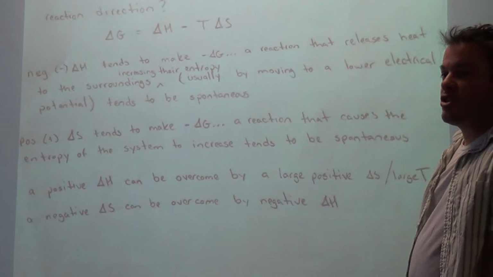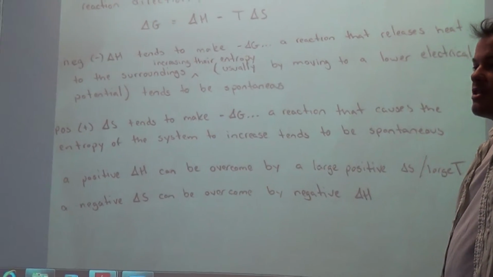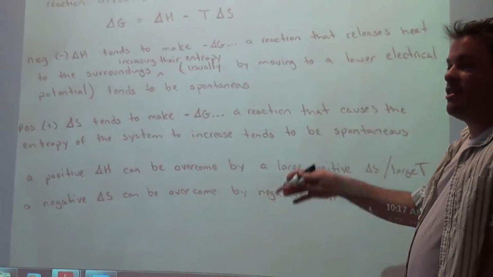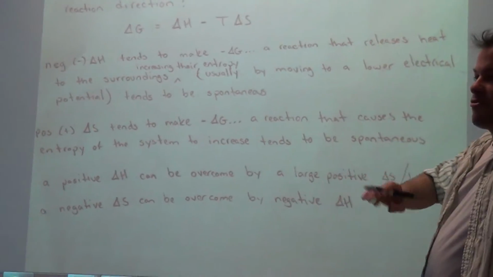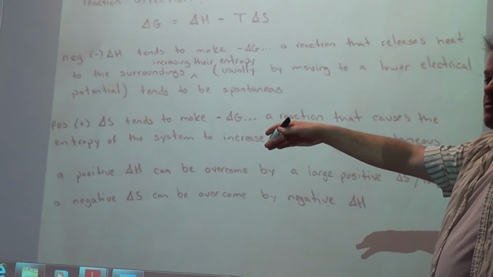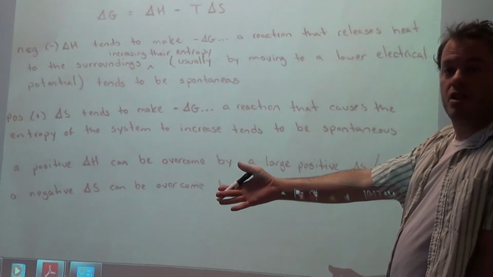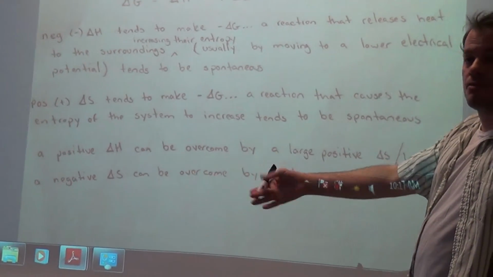If delta H is negative, whose entropy is increasing? Surroundings. A negative delta H means that heat is being dumped from the system into the surroundings. And so if delta H is negative, you know that the entropy of the surroundings is increasing.